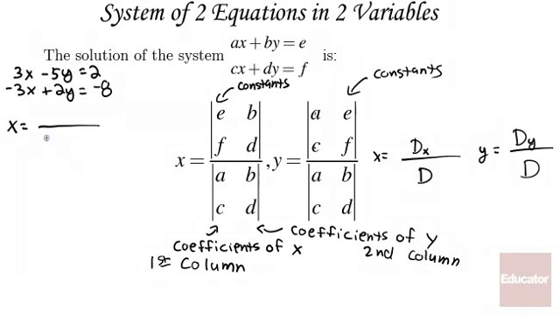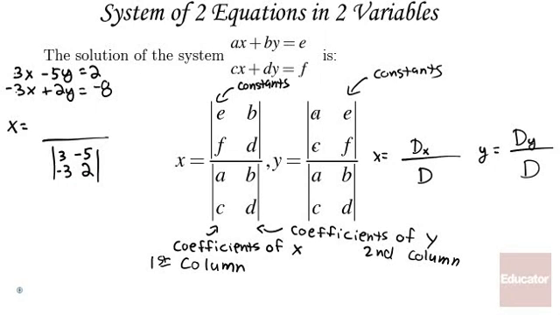Now, this determinant in the denominator is going to consist of the coefficients of x in this first column, 3 and negative 3, and the coefficients of y in the second column, which is negative 5 and 2.